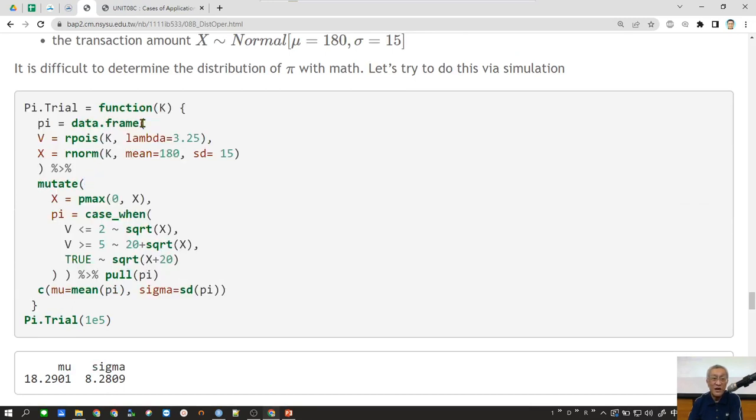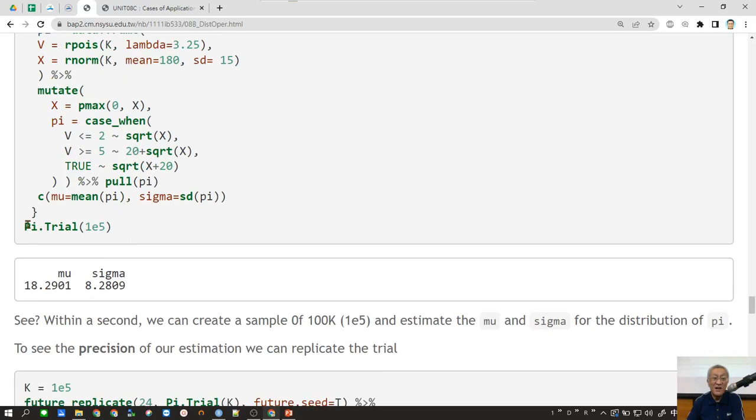Because you defined a function like this one, if I call pi trial and give it 100,000 times, I can randomly draw 100,000 times and then calculate the distribution of pi.